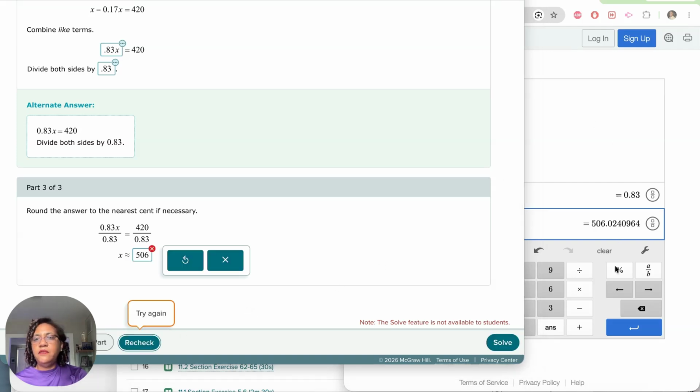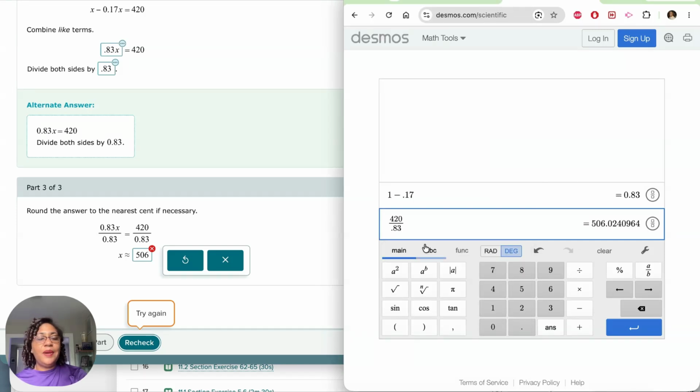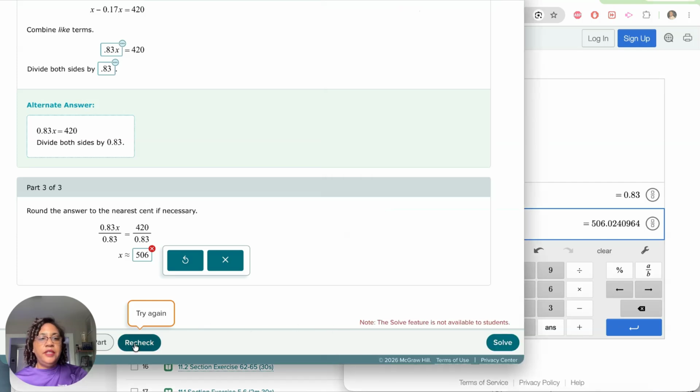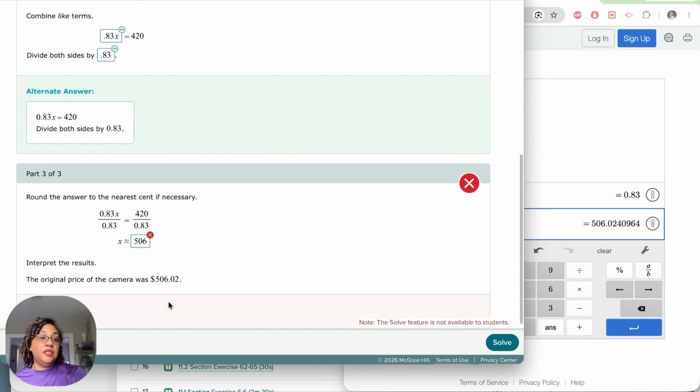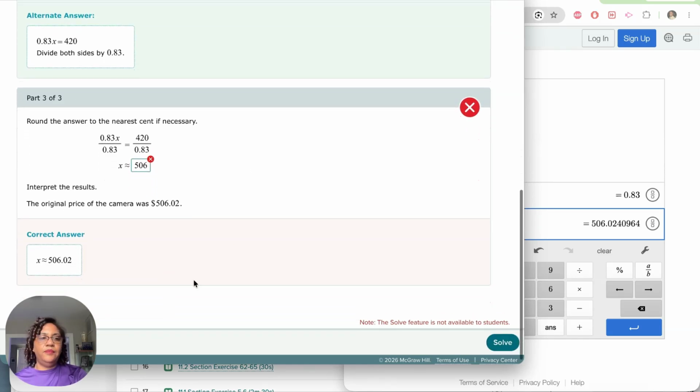No, I must need to round. It says round if necessary. That's what I got. 420 divided by 0.83 is 506. Try one last time. Oh, they wanted the decimal. Okay, so there you go. No biggie.